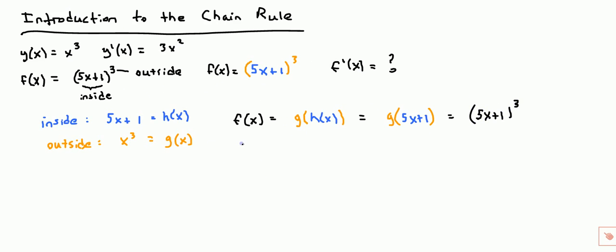And what you have to memorize is the derivative formula for something that looks like this. The derivative of g of h of x is going to be g prime of h of x multiplied by h prime of x.